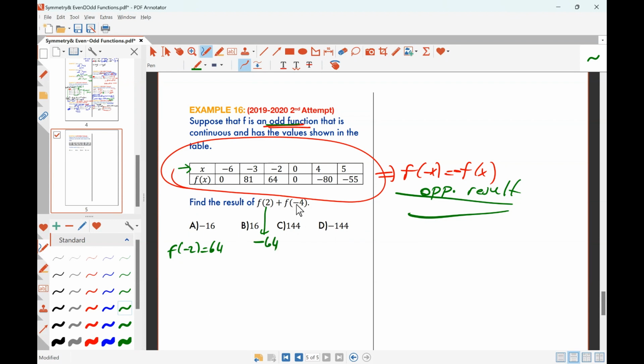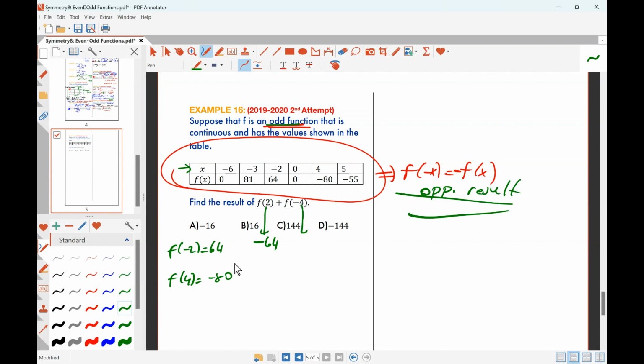What about negative f of negative 4? So you find negative 4 in the x values. I don't see any negative 4 here, but I see 4. So what's the value of f of 4? It is negative 80. So what do I need? I need to change the sign of x. Make 4 negative 4.